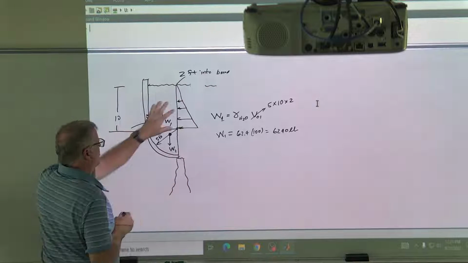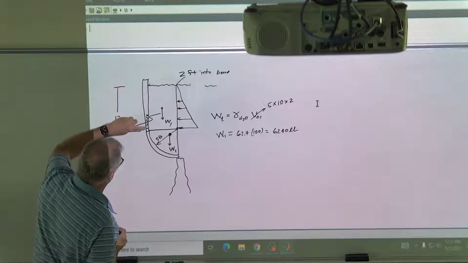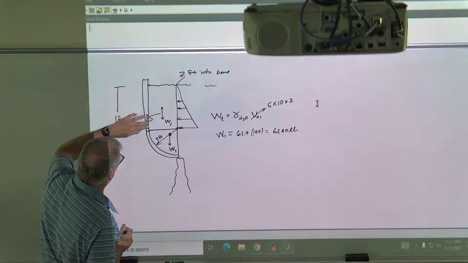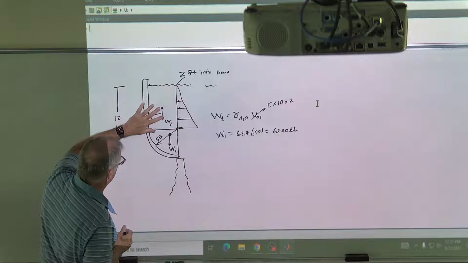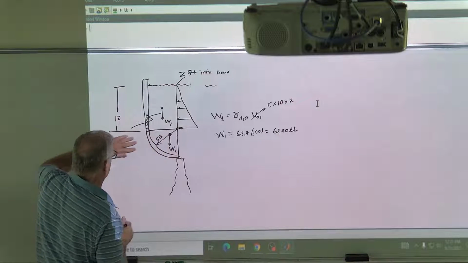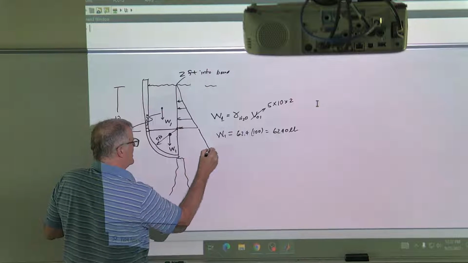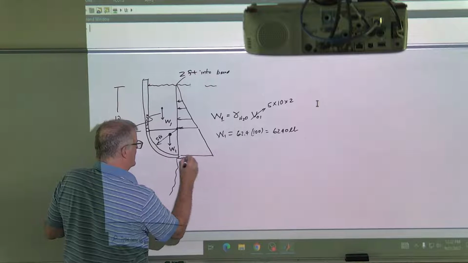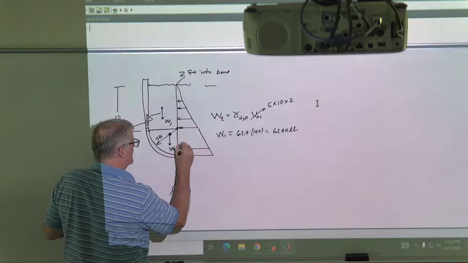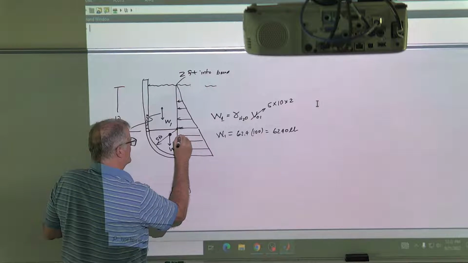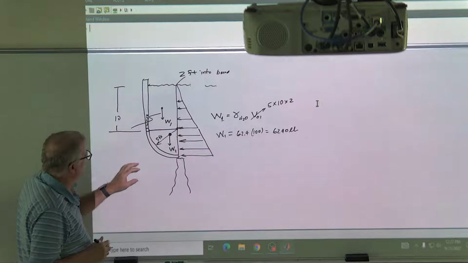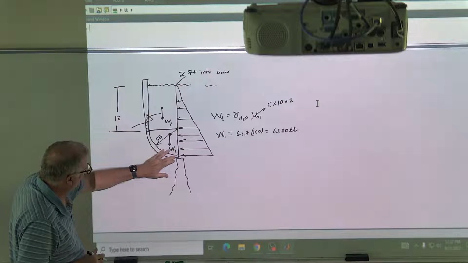Now, this block is shoved against this wall, and then this wall is strong enough to hold back against it. This block is shoved against this thing. And it's like so. So we're interested in what's the force on this thing.